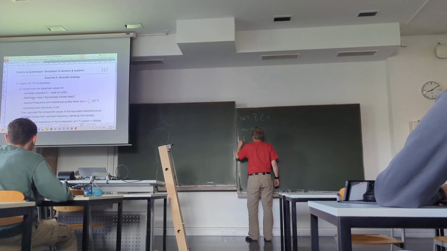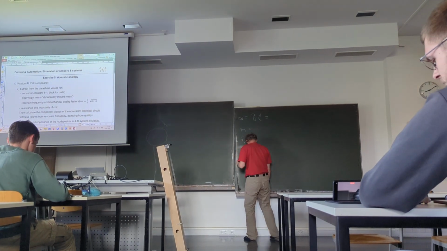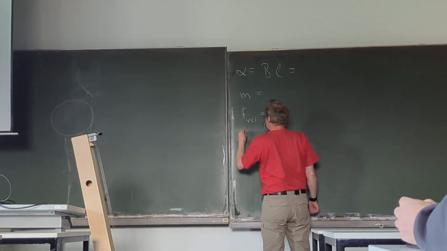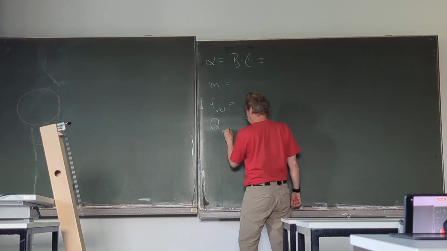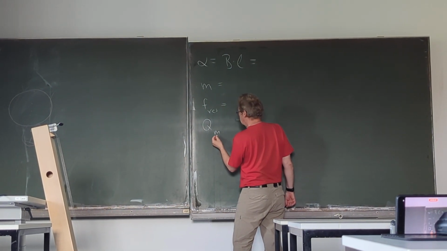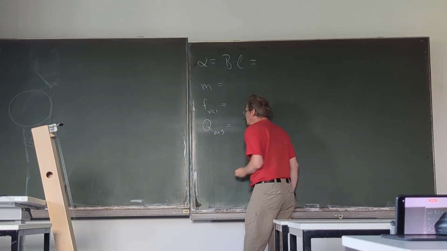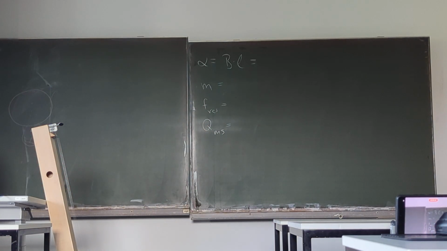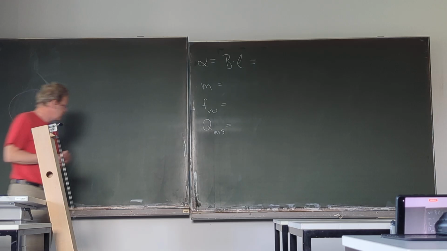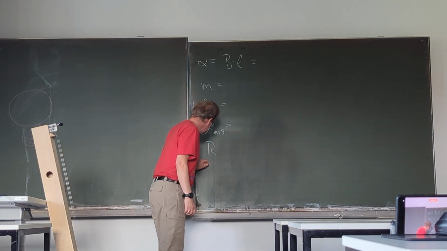We need a resonant frequency. We need this quality factor. Then I think it's mechanical, don't know for what. Probably serial. And resistance and conductivity is over R and L.